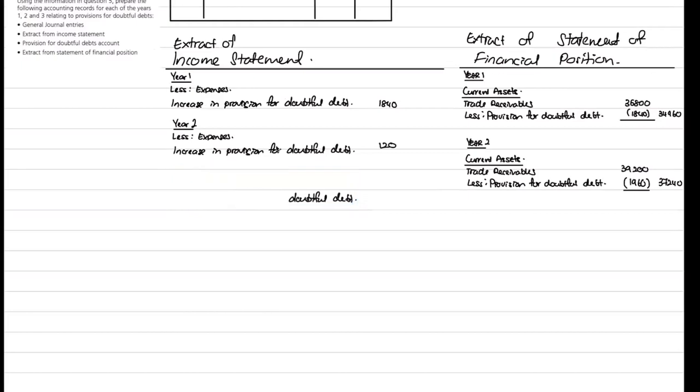So in year 3, it will look like this. Not less expenses anymore. This one here I have to erase. So now it is add revenue. Decrease in provision for doubtful debt, $200. But here is still the same thing. This is still very much the same. Year 3.